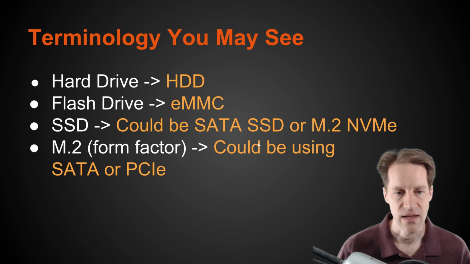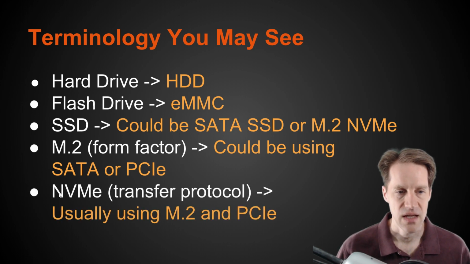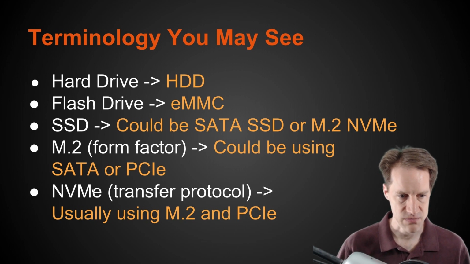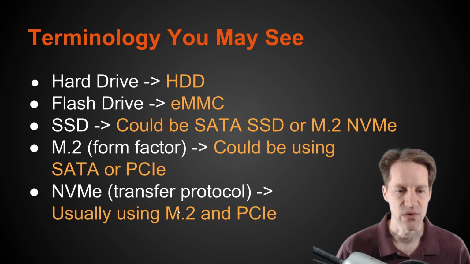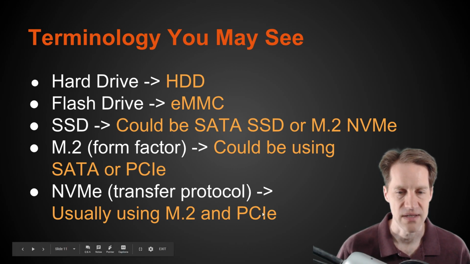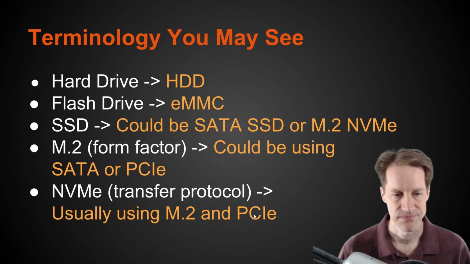If it says NVMe, it's almost 100% certain that it would be using PCIe. NVMe means Non-Volatile Memory Express, which again is the transfer protocol. You'll usually see this with an M.2 form factor and a PCIe interface.